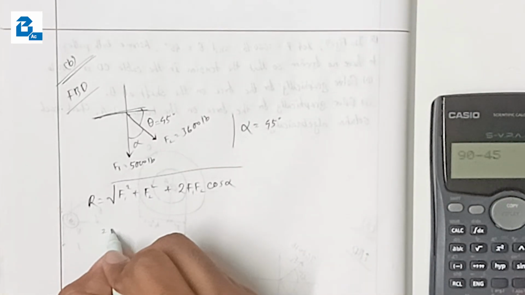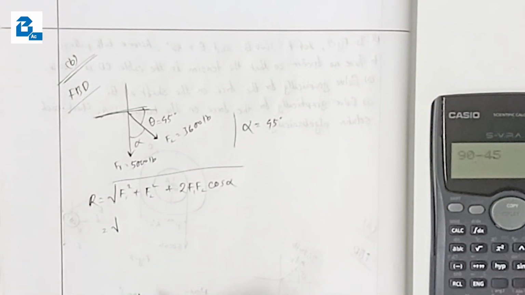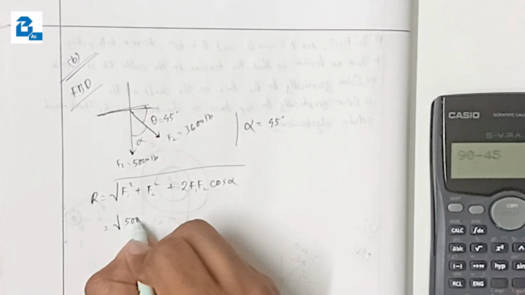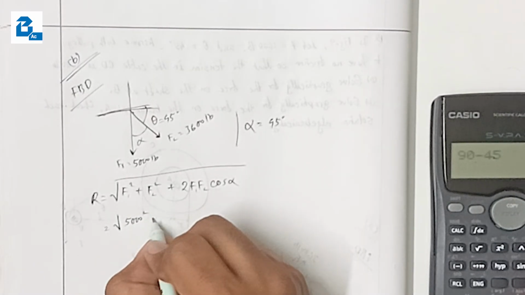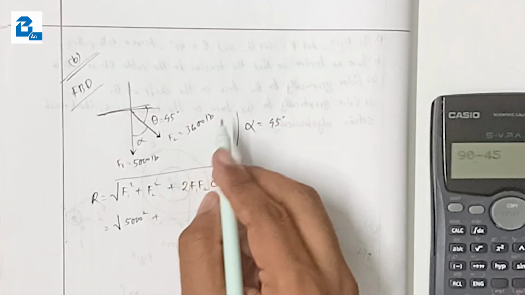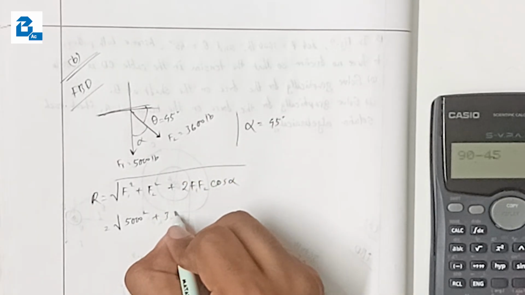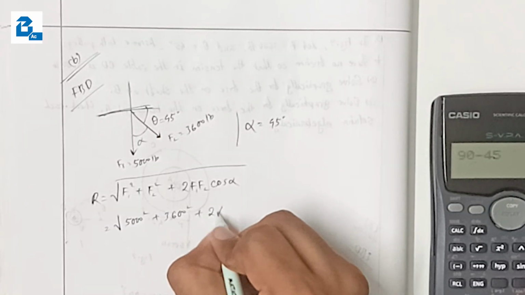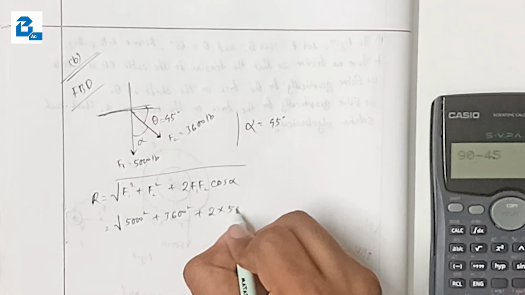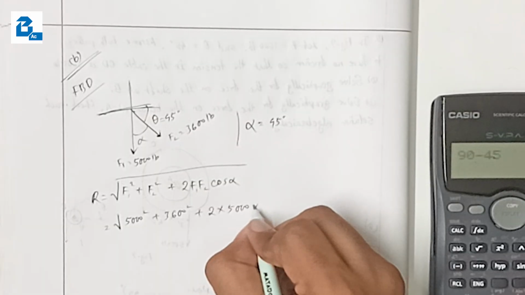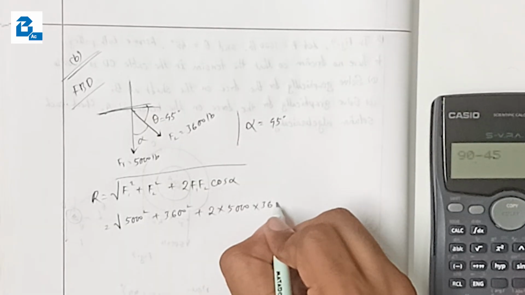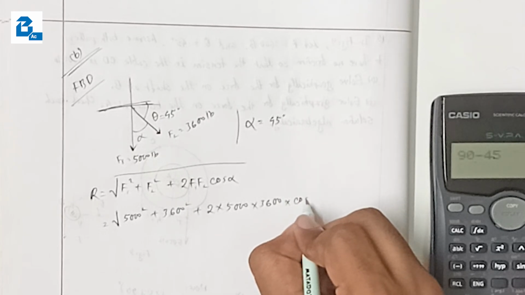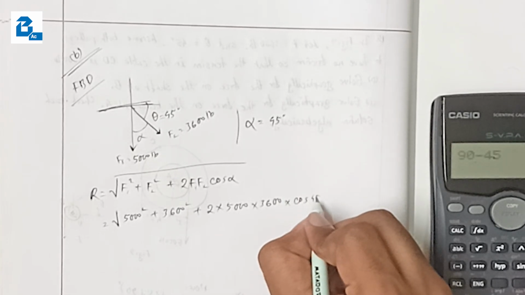And if we then put the values here, we get F1 which is 5000 square plus F2 square which would be 3600 square plus 2 into 5000 into 3600 into cos 45 degree.